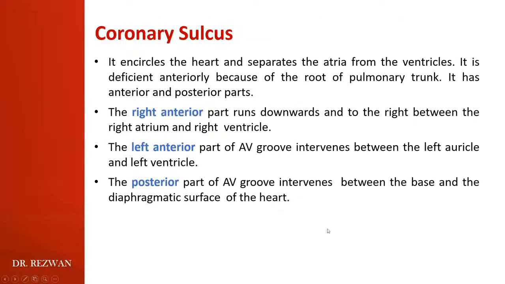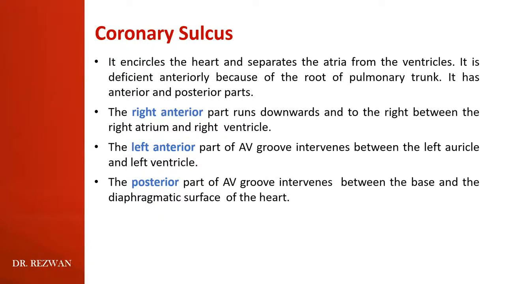Now the coronary sulcus. It encircles the heart and separates the atria from the ventricles. It is deficient anteriorly because of the root of the pulmonary trunk. It has an anterior and a posterior part. The right anterior part runs downwards and to the right between the right atrium and the right ventricle.